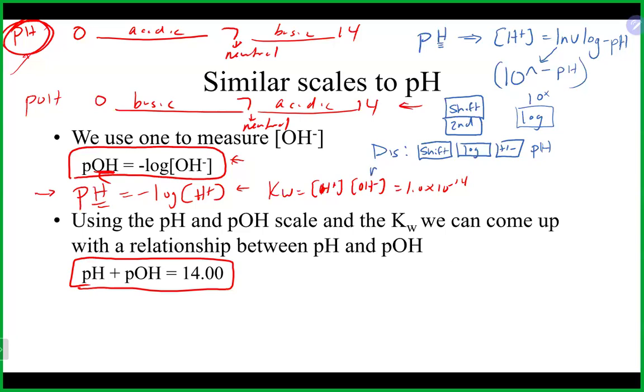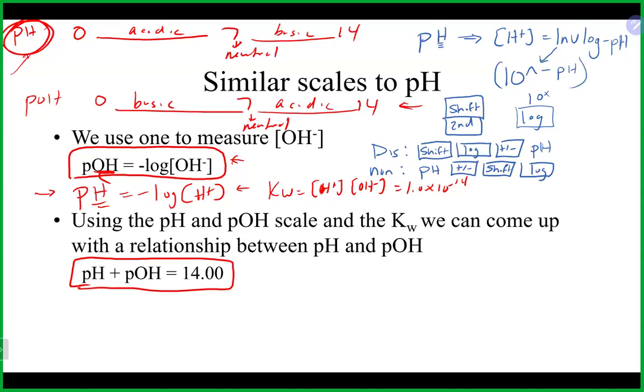Or if you have a non-display, you actually need to start with the pH. You then need to hit your negative button. You then need to hit your shift or second button, and then you need to hit the log button. So once again, you've got to work backwards if you have a non-display calculator. So depending on which one you have. Any questions on that there?